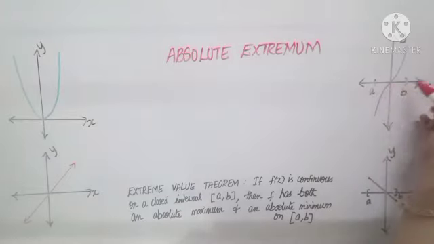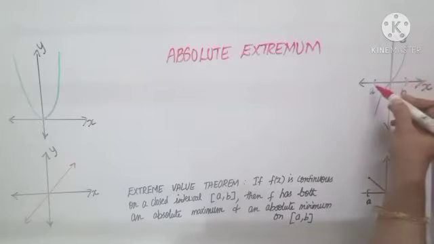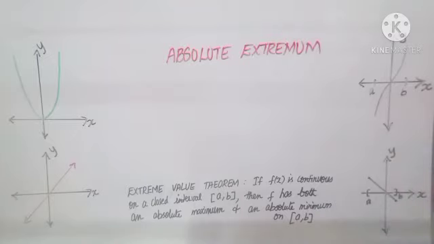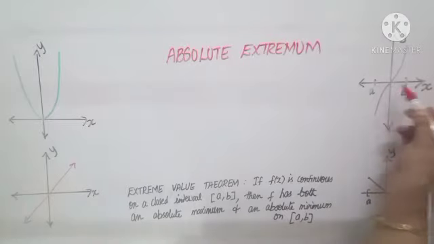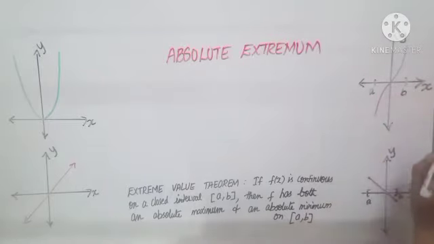If it is an open interval, now also there is no maximum or minimum. Suppose it is a closed interval, then we can measure the distance. The highest I will call maximum, the lowest I will call minimum. But if an open interval is given, no maxima, no minima.